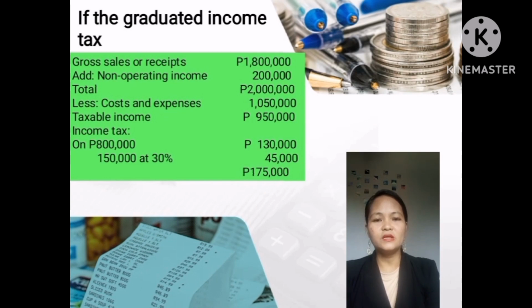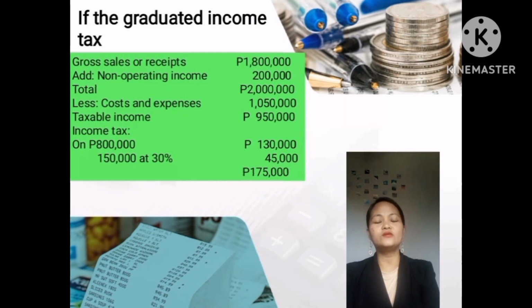Ang formula naman dito ay ganun pa rin, pagsasamahin pa rin yung gross sales receipt sa non-operating income. Then, ang i-deduct natin dito ay yung cost and expenses. Hindi katulad sa 8% income tax na ang idinideduct ay yung 250,000 under section 24. Dito naman sa graduated income tax, ang idinideduct dito ay ang cost and expenses.